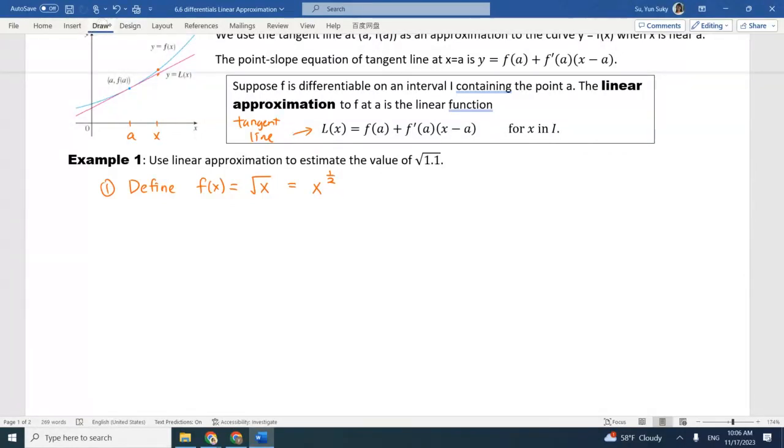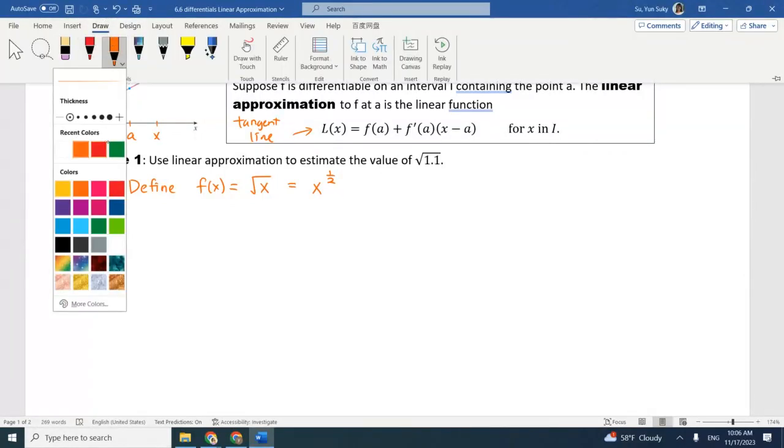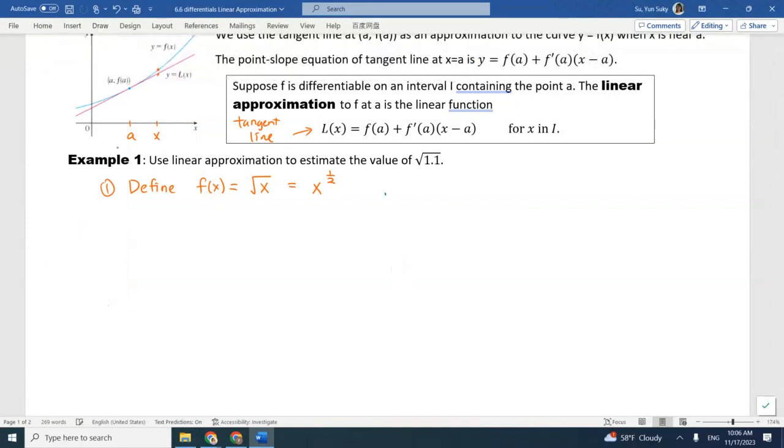Okay, next, we want to pick a. So by the way, you can see here, we're putting in x equals 1.1.